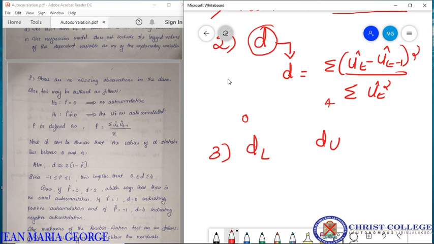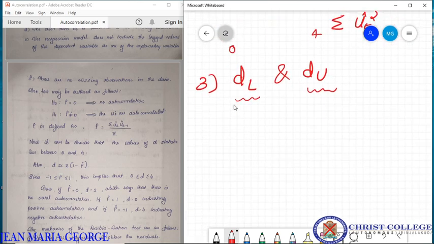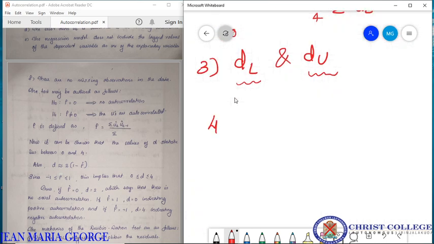So find out the critical values DL, that is the lower bound, and DU, that is the upper bound. Now the fourth step: if the computed D value lies within this critical limit, this is the critical region.